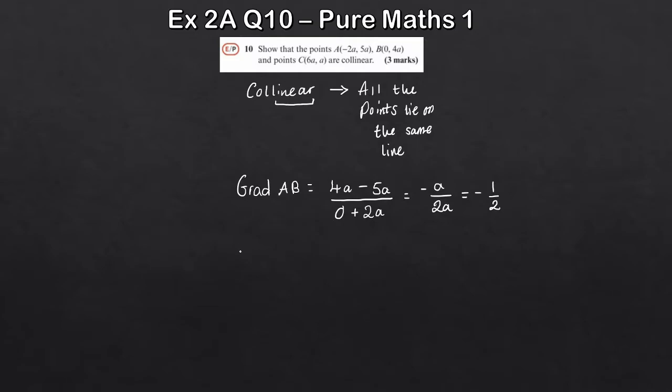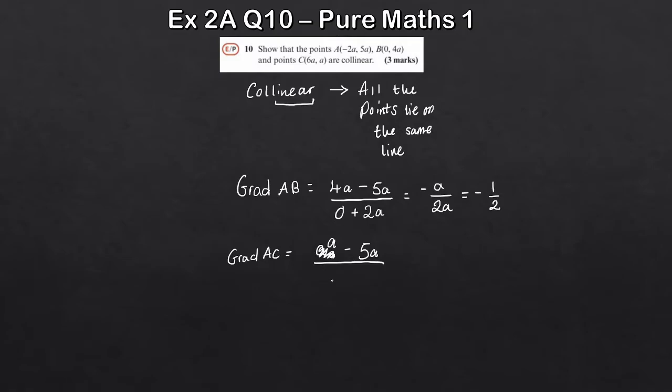Now let's work out the gradient of AC. So what would that be? Again, same idea: y2, which is a, minus y1, which is minus 5a here, so that's a minus 5a.